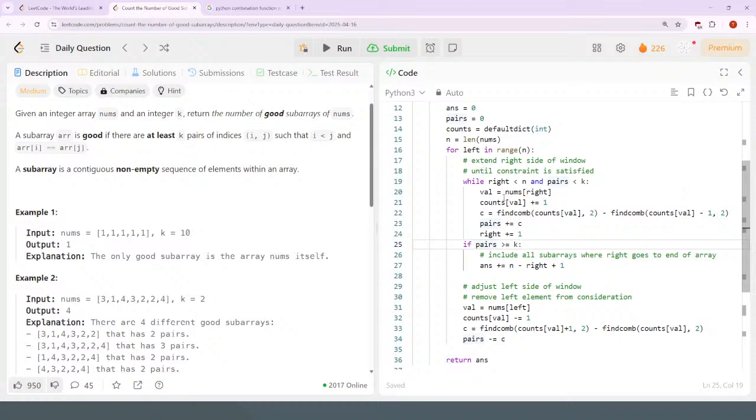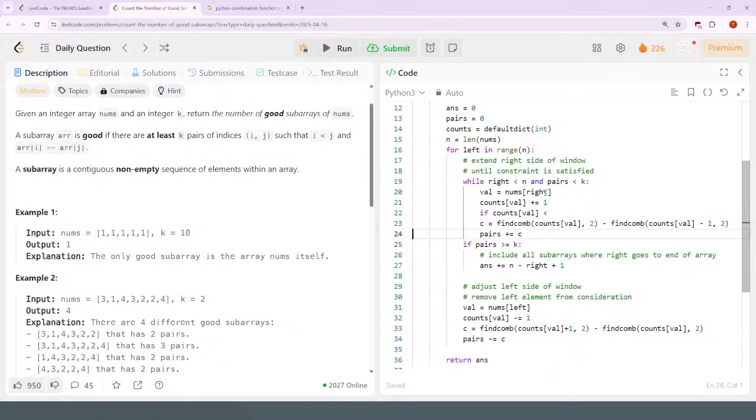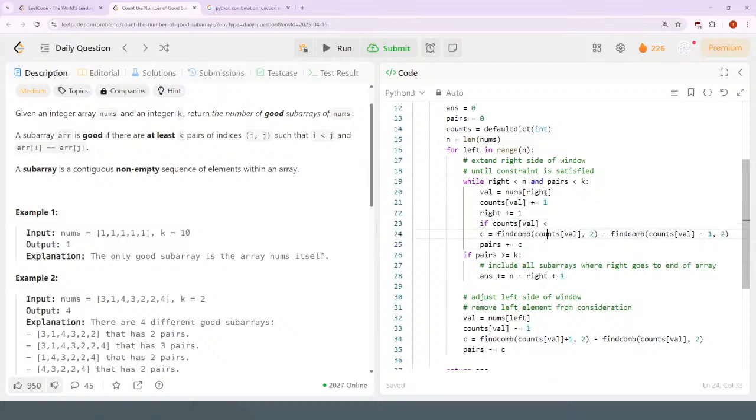Take the value, you increment the count. I guess for a lot of it, maybe it's just not going to change much. So if the count of this value is less than, let's just make sure I don't go infinite in this loop.